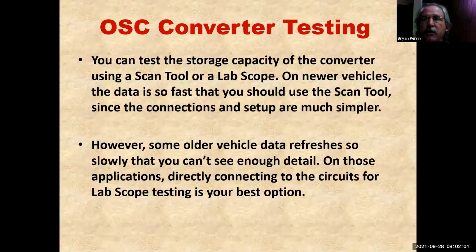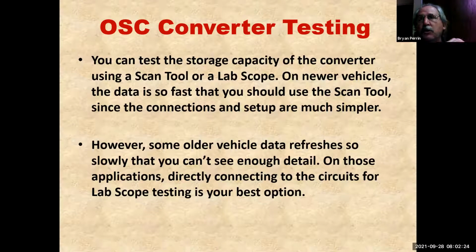So we talked yesterday about using switch ratio testing, where I can look at my scan tool data or lab scope and compare the switch rate of my front sensor from rich to lean to the switch rate of my rear sensor from rich to lean. And by comparing those, if they're 70% or higher, then I know I have a degraded converter, something's not happening correctly.